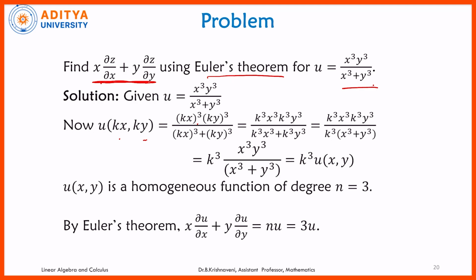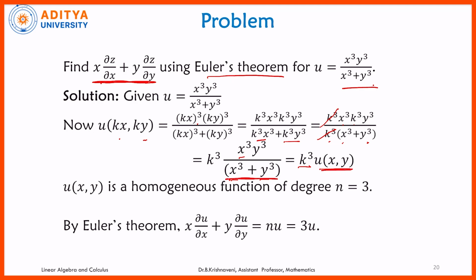On simplification, k⁶x³y³ divided by k³x³ + k³y³, that is k⁶x³y³ divided by k³(x³ + y³). Here k³ gets cancelled and you get k³ times x³y³ divided by x³ + y³, which is nothing but k³ u(x, y).